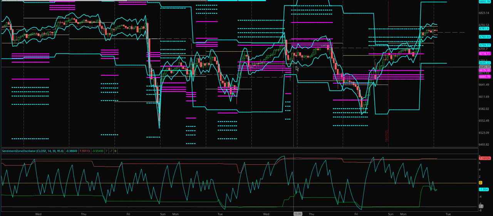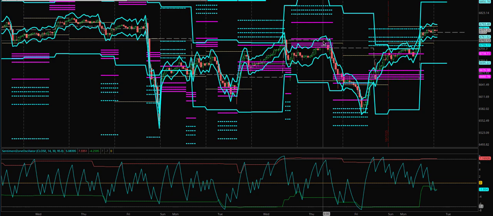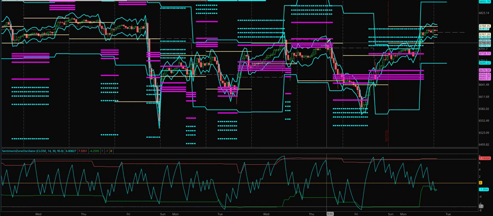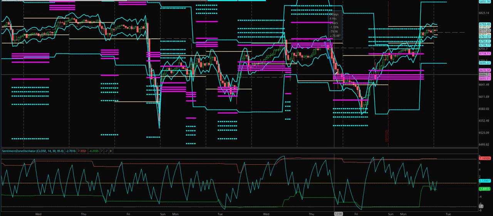So right here, market was going up. This is the ES chart. As you can see, it was trapped here. Now look at this sentiment oscillator right here. All right, now market is coming down. Now we have one of the oscillations right here.